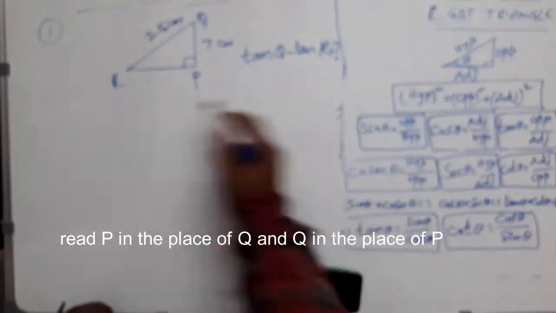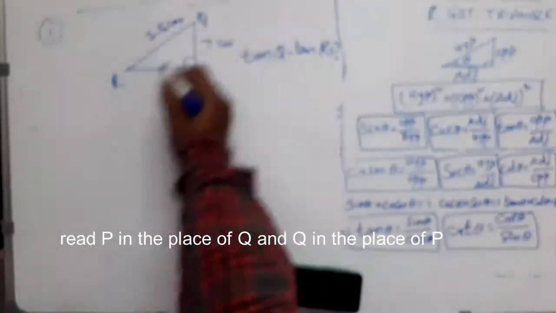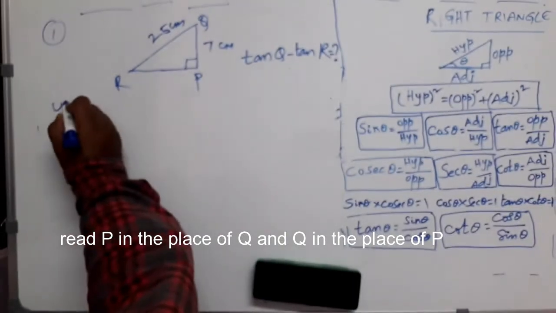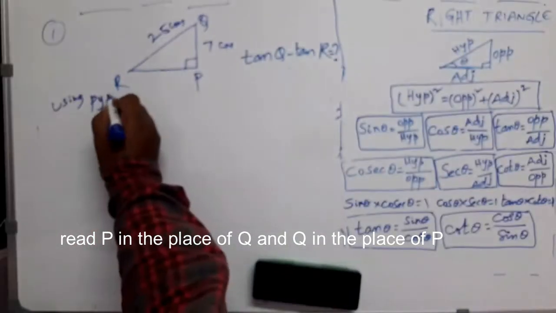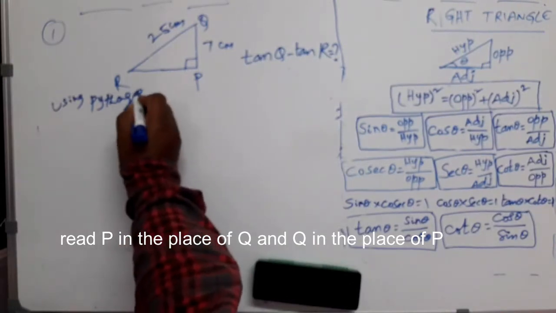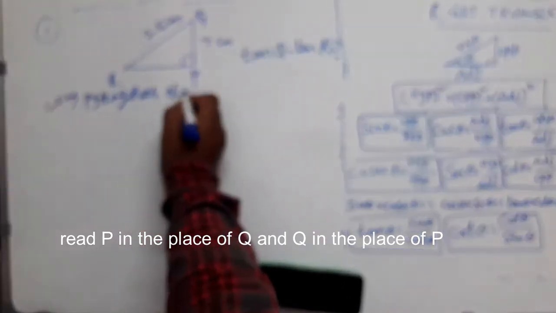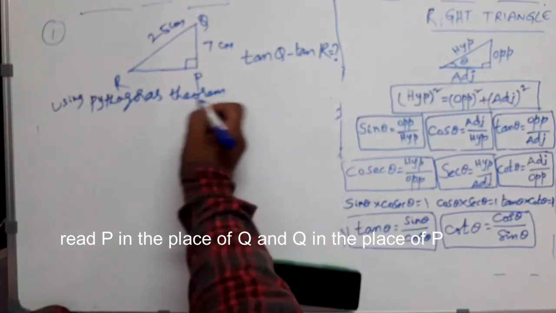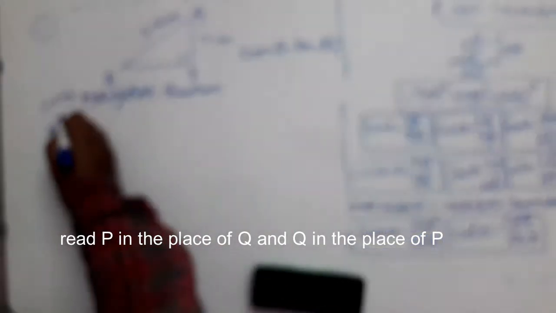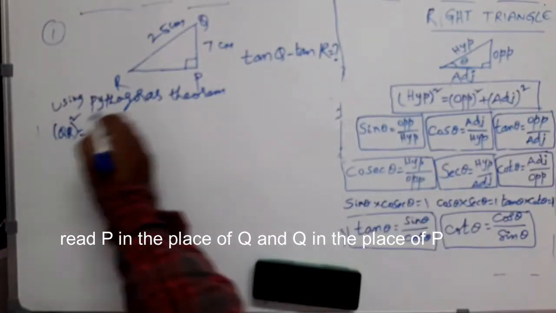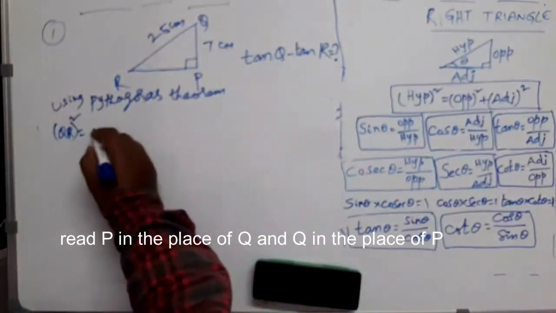Yes, tell me. Hypotenuse square. Using Pythagoras theorem, I am writing, QR square is equal to side square plus side square, right?